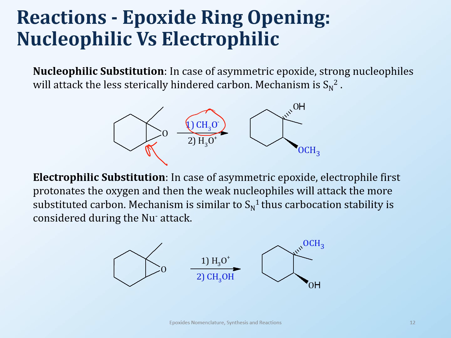In an electrophilic substitution, meaning that you have H3O plus, the mechanism is more SN1, so the methanol will attack this carbon. So you can see that depending on the kind of medium you use, you can change the location of your methoxy group. By the way, this is also a good way to make ethers, so feel free to add this to your synthesis of ethers if you want to. But anyhow, that's that.